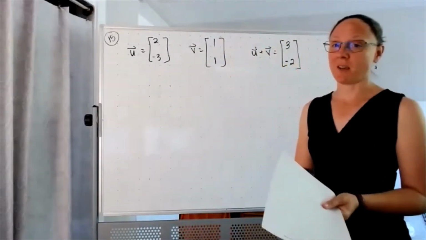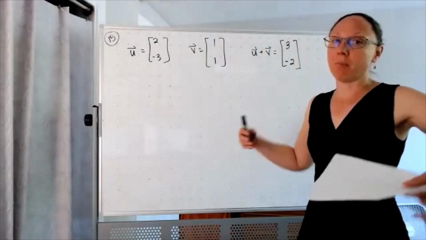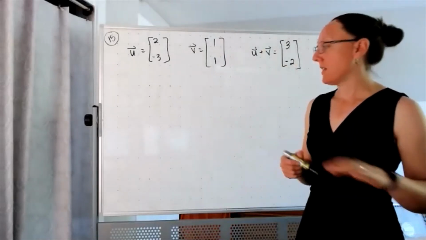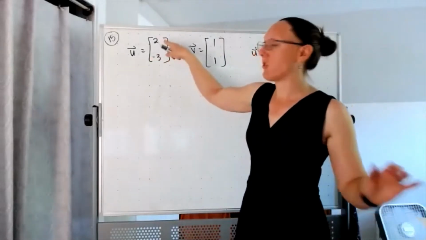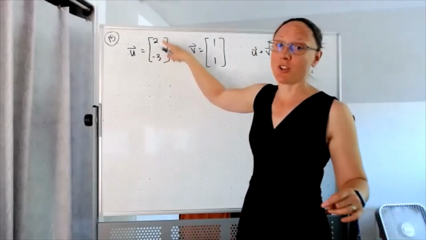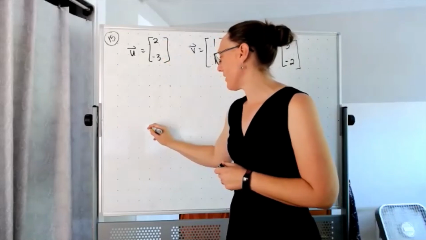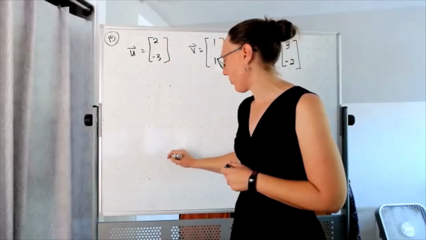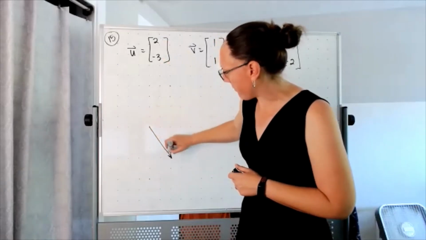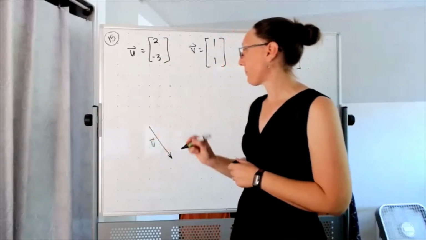To sketch these on the same graph, I just need to pick a starting point for u. So this tells me to go 2 to the right and down 3. If I started here, then 2 to the right and down 3, that would be my vector u.